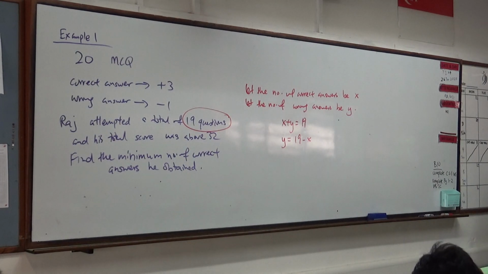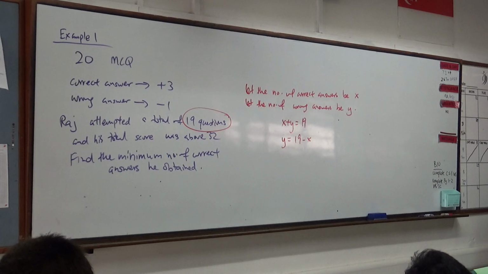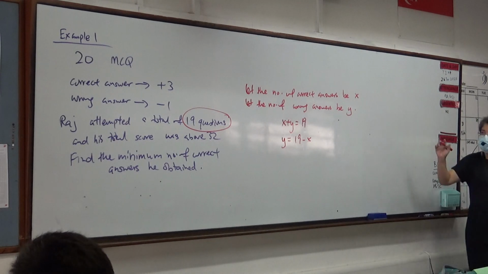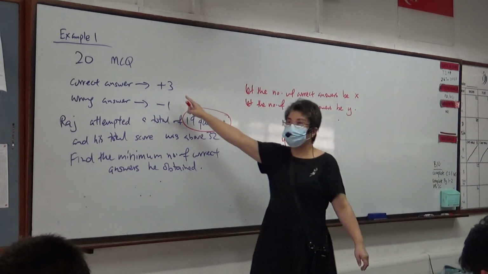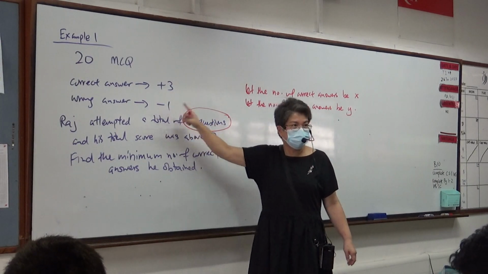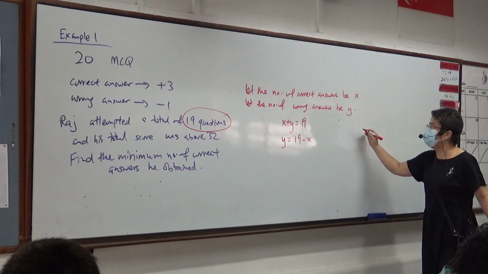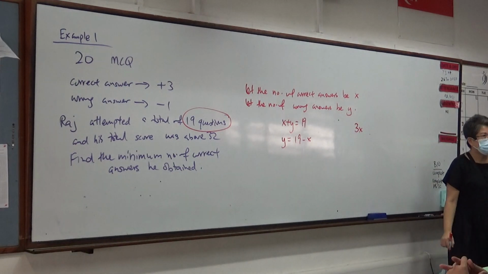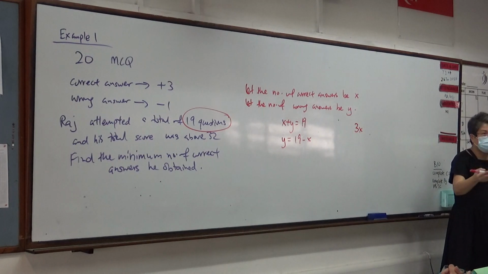Is everyone here? 19 minus X. Now, correct answer is 3 points. Incorrect or wrong answer is negative 1 point. So what do I have here? I will have 3X, the number of correct times 3 points.